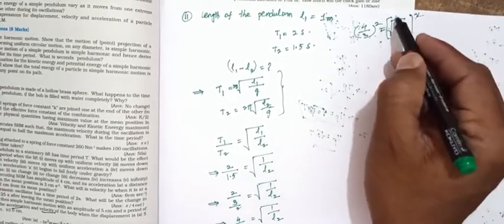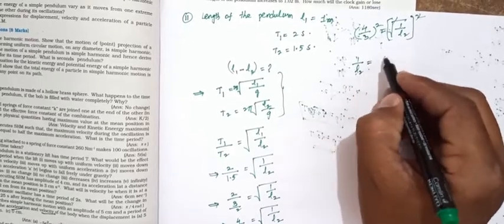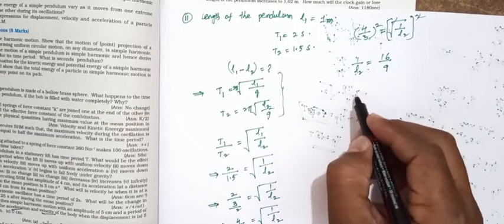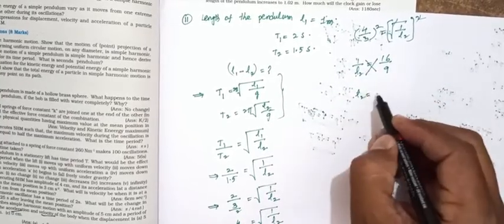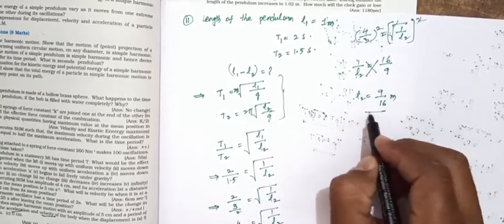Square root gets cancelled, so 1 by L2 equals 16 by 9. So here, cross multiplication, L2 equals 9 by 16 meters.